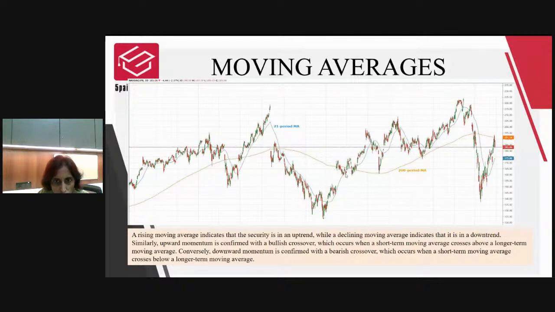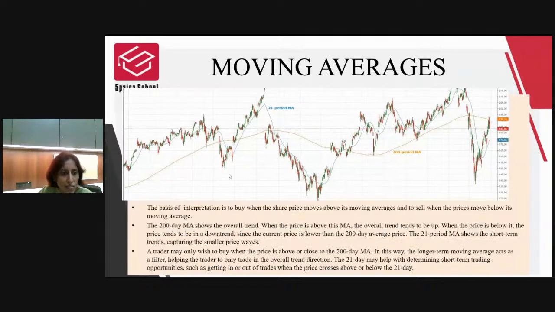The short-term moving average is crossing from above to below, and it indicates a downward momentum. In some cases, it is very specific. Broadly, the moving average indicates whether it is an uptrending market or a downtrending market. And if you have these two, a smaller moving average and a larger moving average, it gives you better clarity whether the market is going upward or downwards.